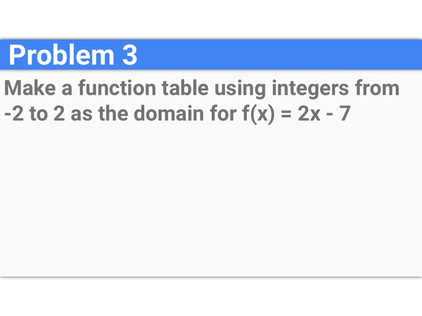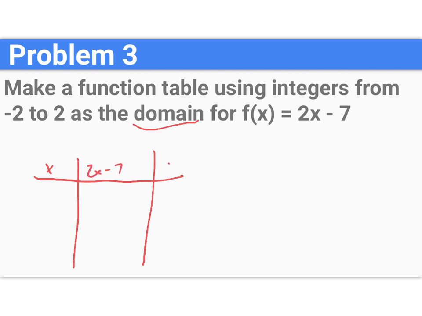Okay, make a function table using integers from -2 to 2 as the domain, basically as your input for f of x equals 2x minus 7. So we're going to make a table of values, and this is how you start. x, 2x minus 7, and your f of x, or your y. -2, -1, 0, 1, and 2.